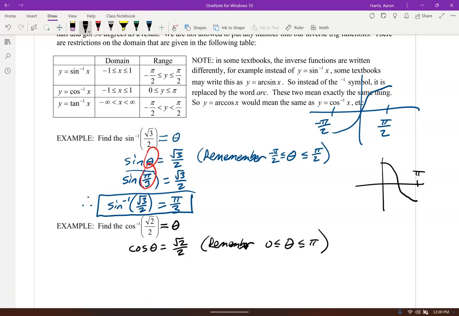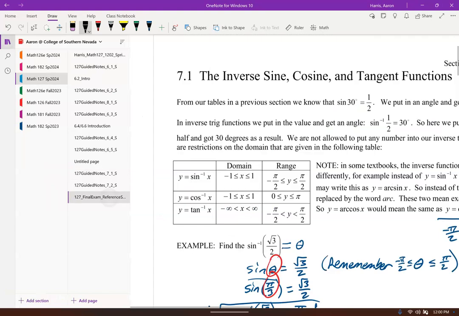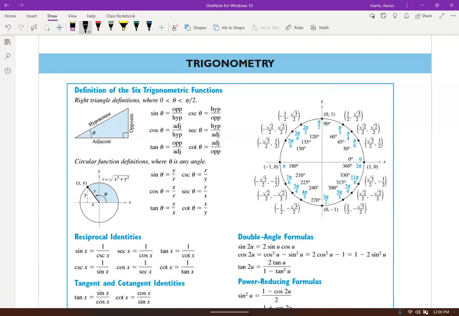So I say, the cosine of what is root 2 over 2. So again, I pull up my unit circle. I say the cosine of what, and I'm only looking between 0 and pi now, right? Cosine of what is root 2 over 2? Well, there's a cosine that's root 2 over 2. Where's it at? Pi fourths.